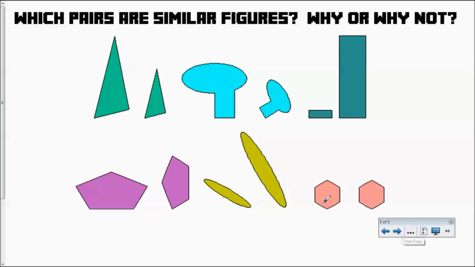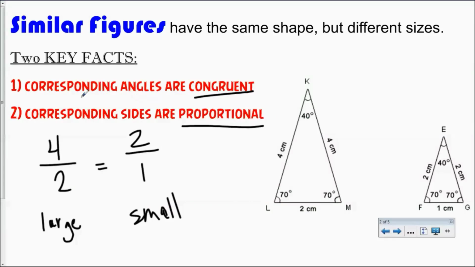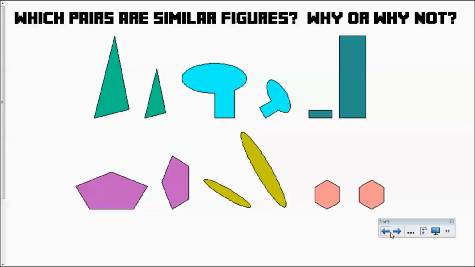So here are some different pairs of shapes. Let's figure out which pairs are similar and why or why not. Think back to our two key facts: their corresponding angles are congruent and their corresponding sides are proportional. I think it's easier to pick out the ones that are not similar figures.